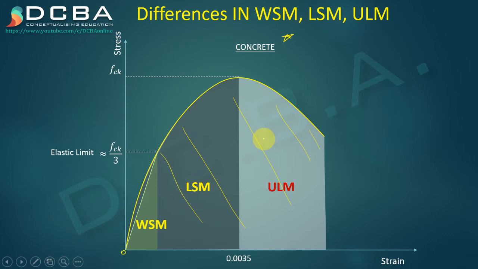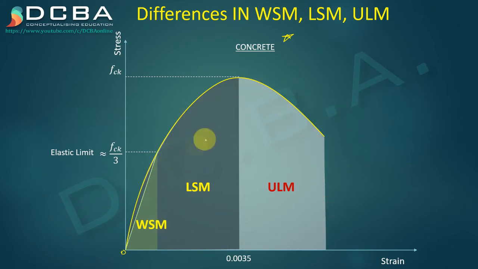So if some unexpected loading comes in future, the concrete has a lot of reserve energy which it can use. In the limit state method, after utilizing this much energy, we are still left with some spare energy. Again, that can be utilized in some unexpected cases.